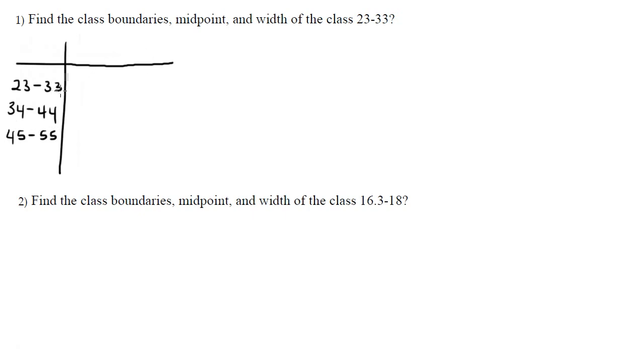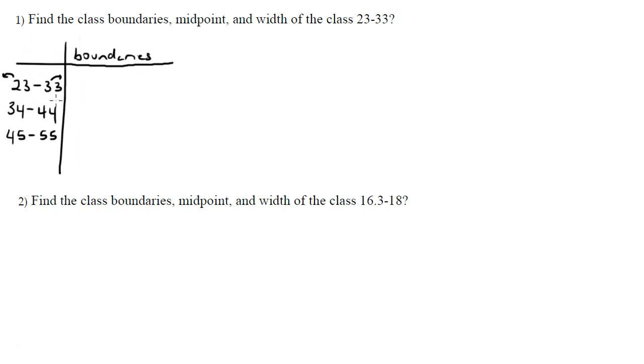So in order to counteract that, we calculate these class boundaries to make sure that we can have an interval that contains all of those extra values. In order to do that, I'm going a little bit less than 23 and a little bit more than 33. How much more? How much less? Exactly 0.5.